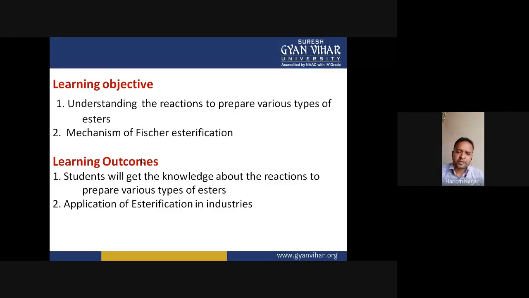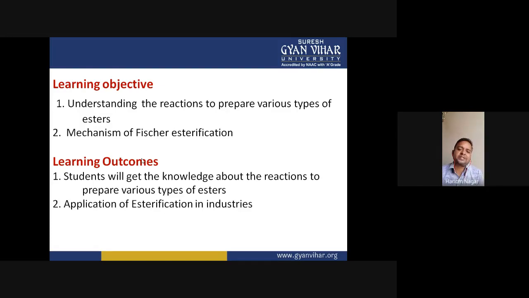So, in the formation of ester, which reactant molecule, either alcohol or carboxylic acid, gives the H plus ion and which gives the OH minus ion to form the water molecule as a side product?